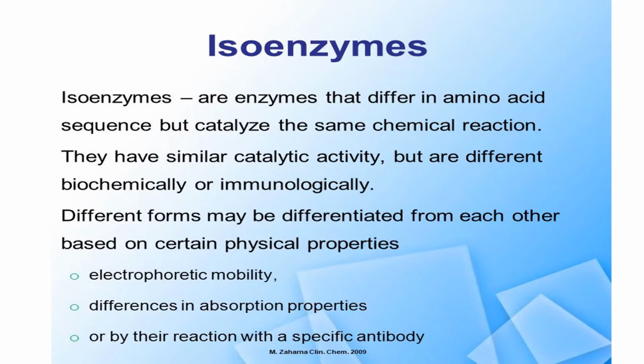Now different forms may be differentiated from each other on the basis of certain physical properties. Number one is how they move in an electrophoretic field, and number two, their absorption properties are different from each other, or in some reactions they react with different antibodies. So this is another definition of isoenzyme.